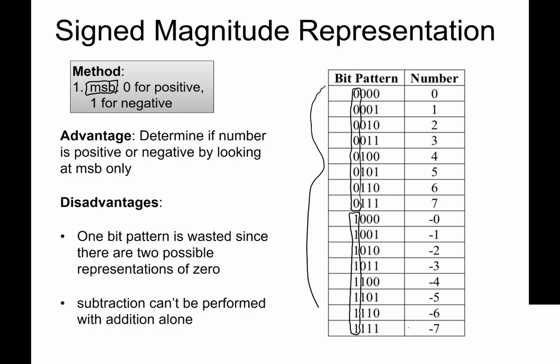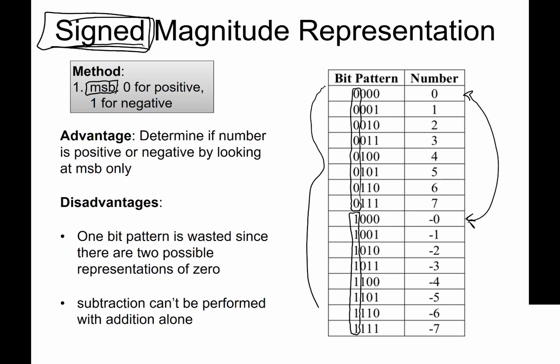So just right off the bat, can you see some problems with this? We're wasting one of the bit patterns because we have 0 represented twice. 0 and negative 0 are the same thing. So we're basically wasting a number that we could potentially use for something else. So the negative is that we're wasting one of the bit patterns.